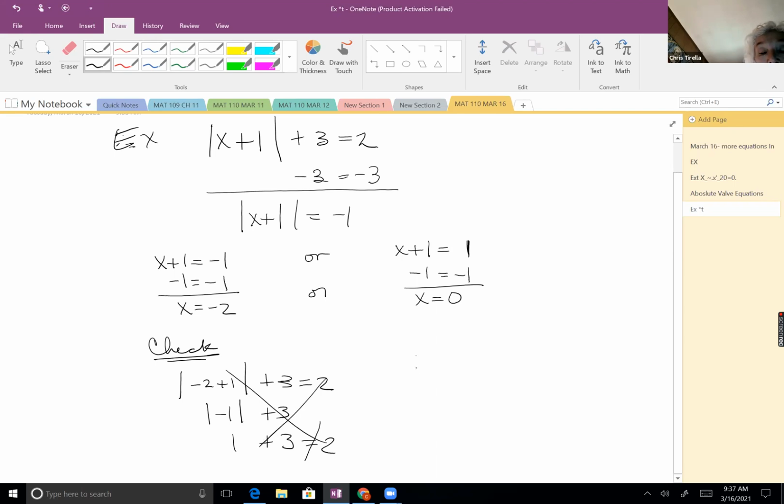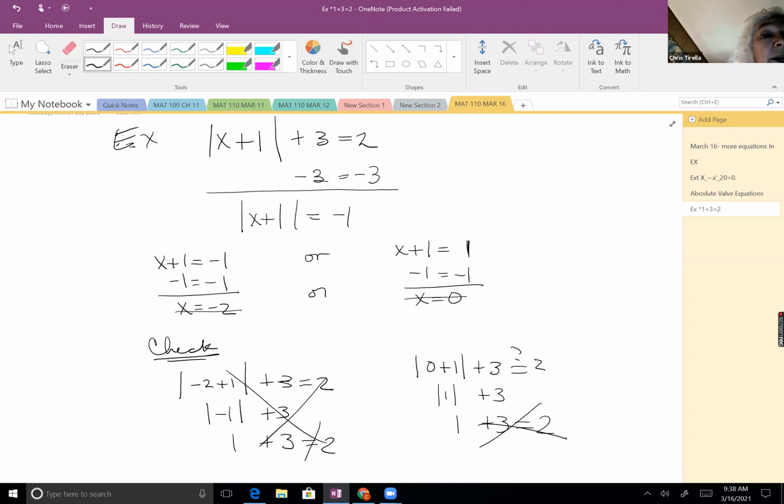If I try 0, the absolute value of 0 plus 1 plus 3, we want to know, does that equal 2? Well, that's the absolute value of 1 plus 3. 1 plus 3 also does not equal 2. So neither work. And so again, with these, the checks are important.